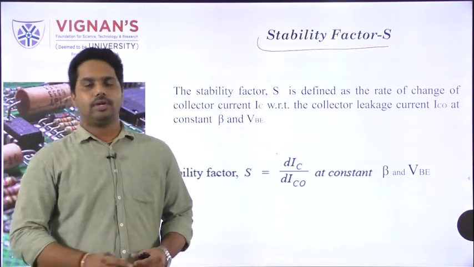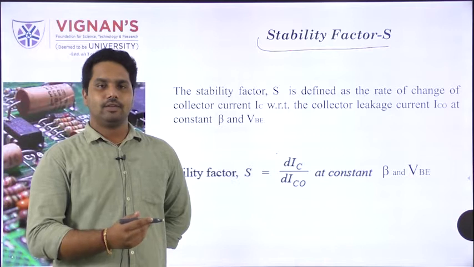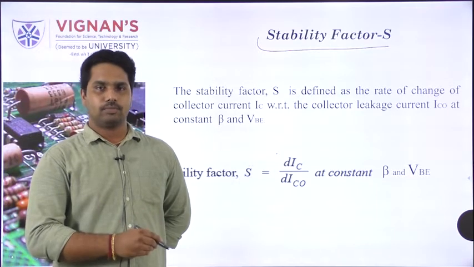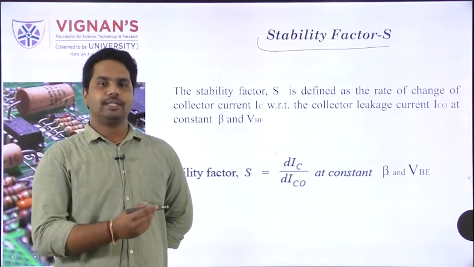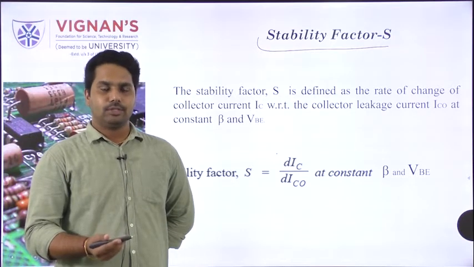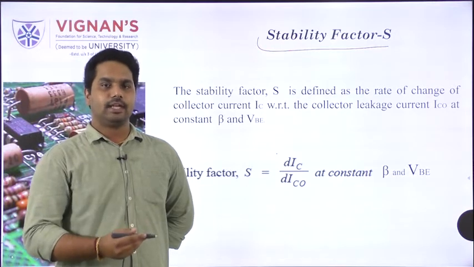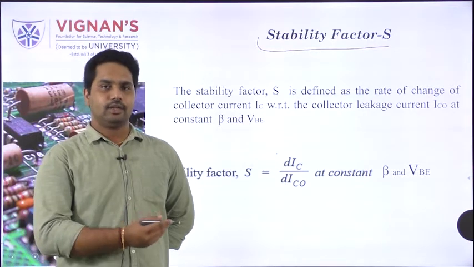When I have designed a circuit, we have to see whether the circuit is stable or not, or whether it is getting the proper stabilization or not. So we need some kind of method to ensure that the designed circuit is achieving that stability.